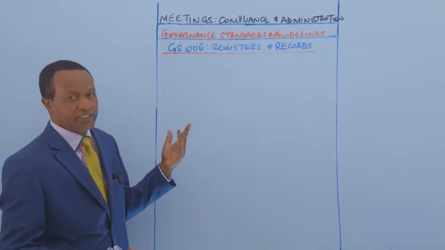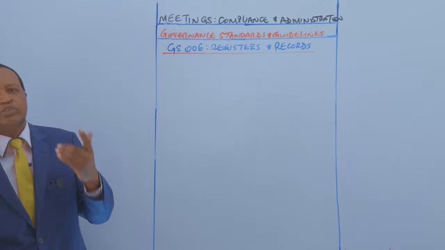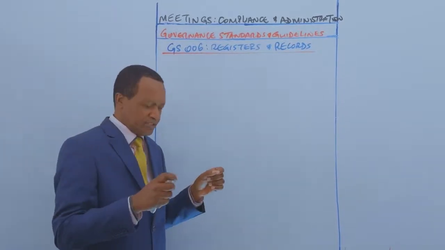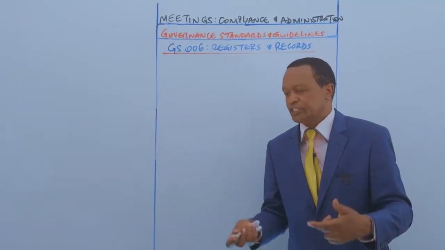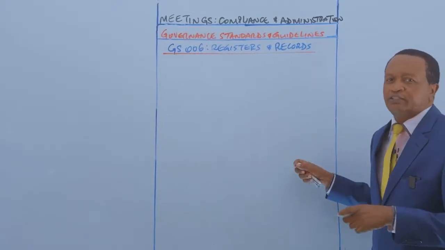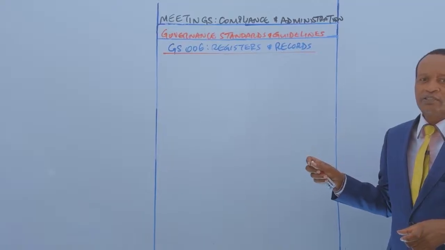And under this standard, the company has a statutory duty to maintain specific books that are accurate, up to date, and available for inspection. That is the requirement of this standard. Understand? Yes.